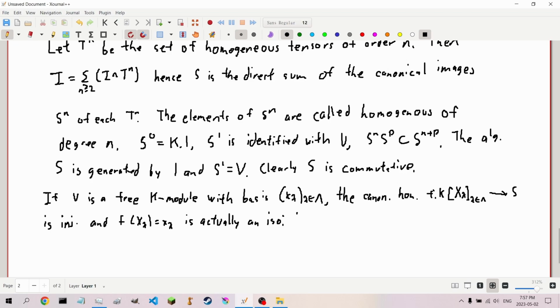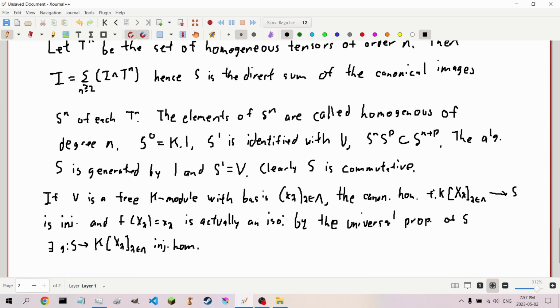And we can show this more formally by the universal property of S. There exists a map G from S into K of X lambda, lambda indexed over big lambda, which is an injective homomorphism with G of small x lambda being big X lambda.